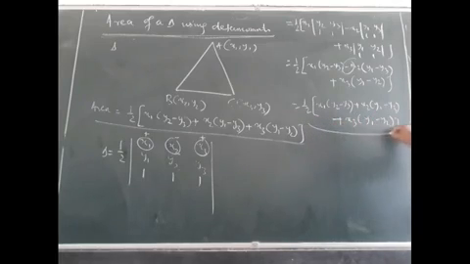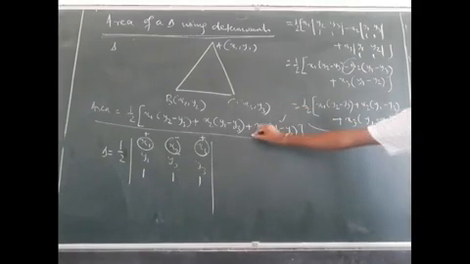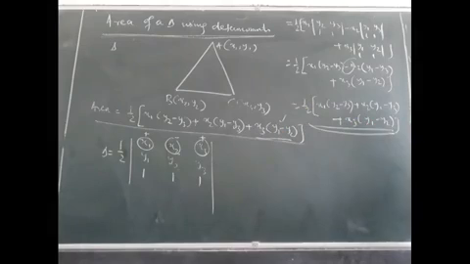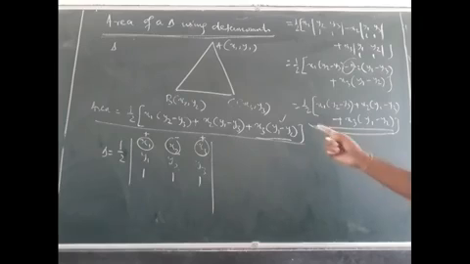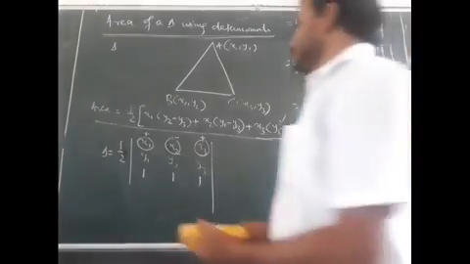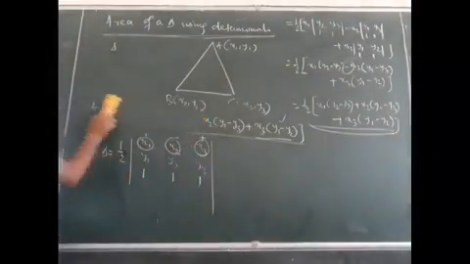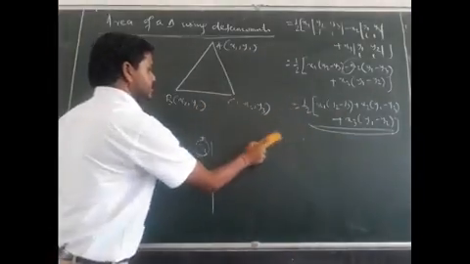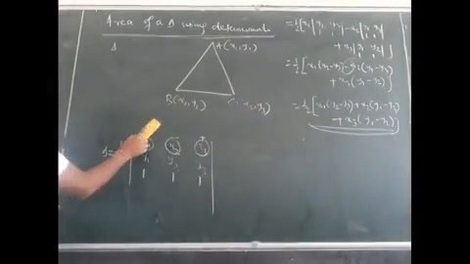Now let me compare this data and this data. Look at this. This expression and this expression are nothing but the same. Hence, I can find a formula for the area of a triangle using the concept of determinants. So, in terms of determinants, we will not write downwards like this, we will just write it in determinant form.